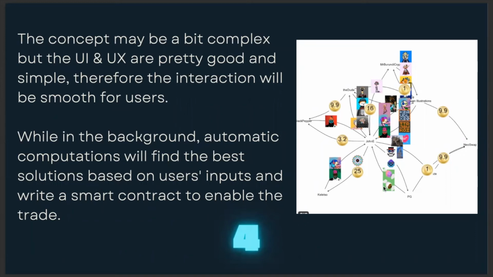The UI and UX of the service are really simple for users to interact with. In the background, automatic computations will find the best solutions based on user inputs, and a smart contract will be written to enable the trade.